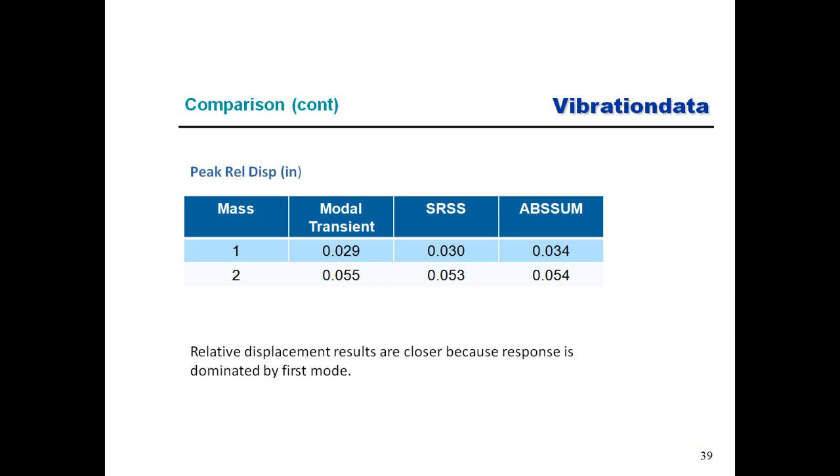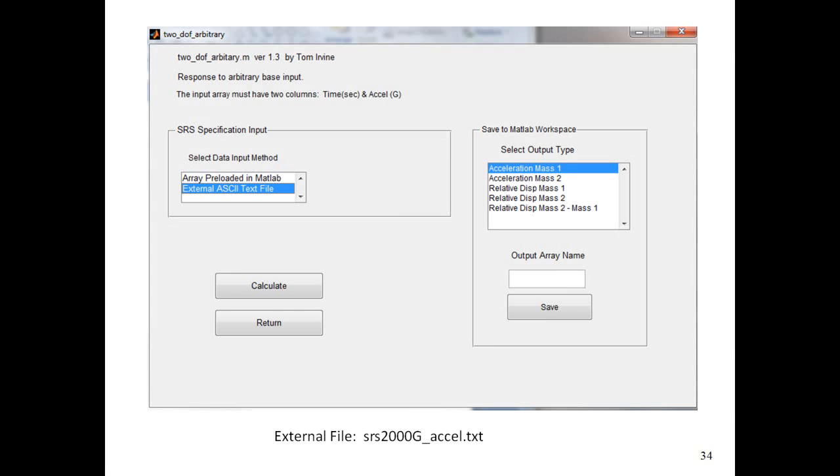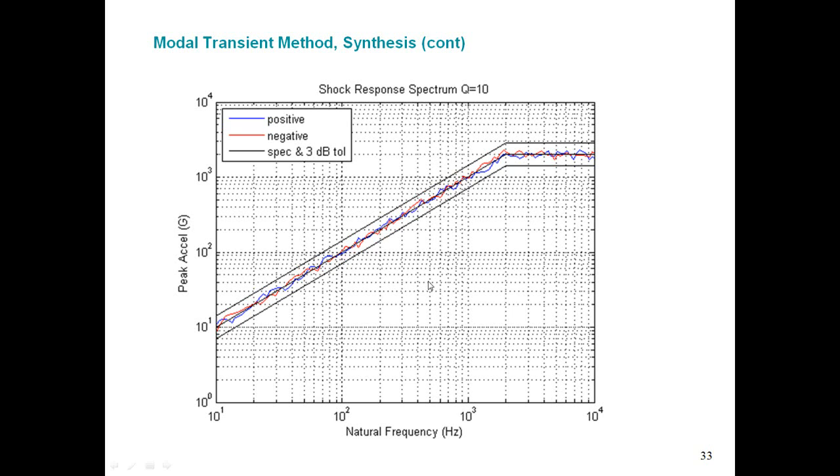It could just be that we have some numerical thing going on, or we need to realize that the synthesized SRS was not exact. There was some variance there about the nominal line. In fact, if we go back and see how well we did at 200 hertz and 800 hertz, well, at 200 hertz, those 2 curves are pretty close to nominal, but not exactly equal. And then at 700 hertz here, it looks like both positive and negative were slightly higher. So who knows?